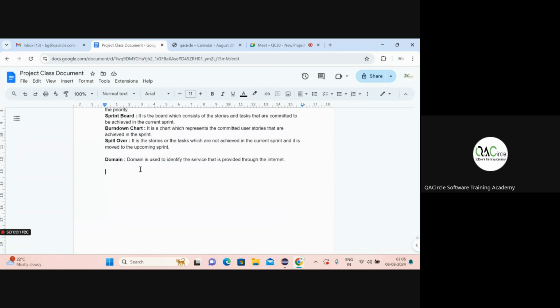Now we'll have to understand what the different types of domain available are. In order to understand the domain better, we need to understand the types of domain. So now you people are going to help me understand the different types of domain.